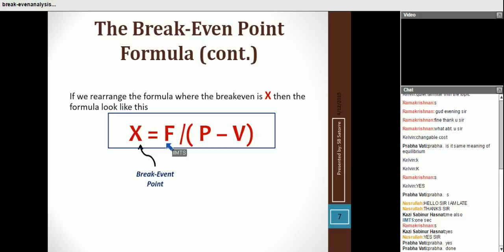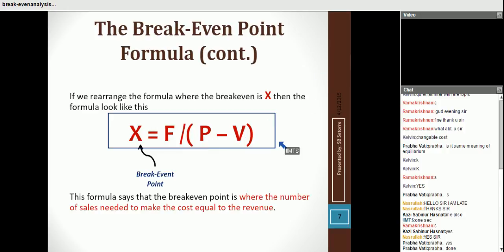If you want, you can also note down this formula where F is the fixed cost, P is the price per unit, and V is the variable cost.